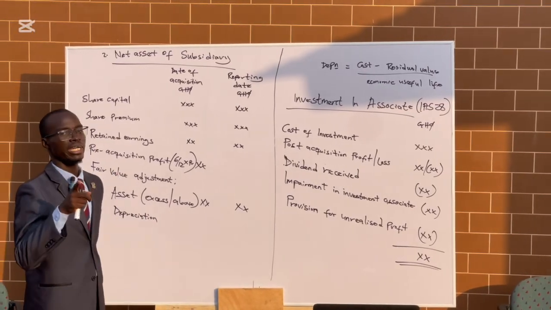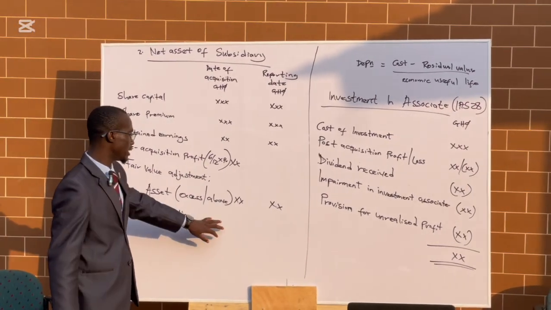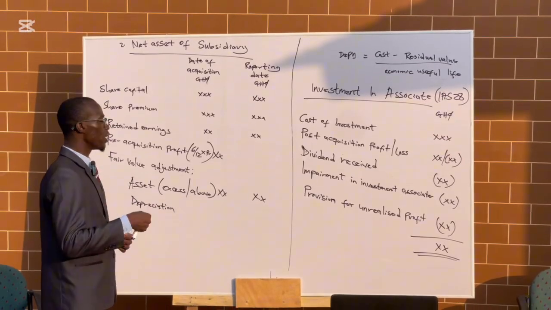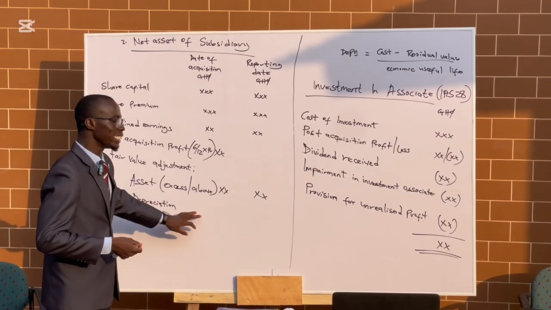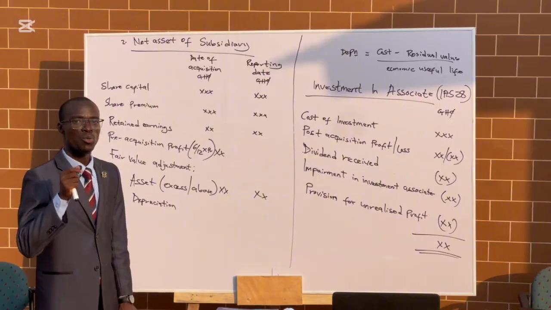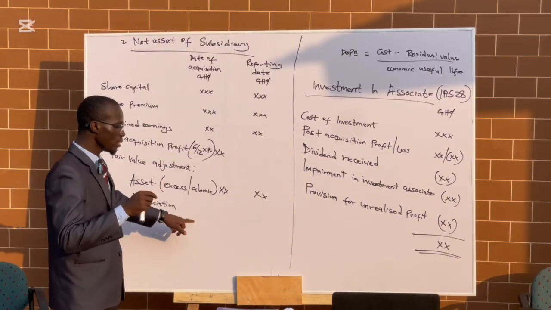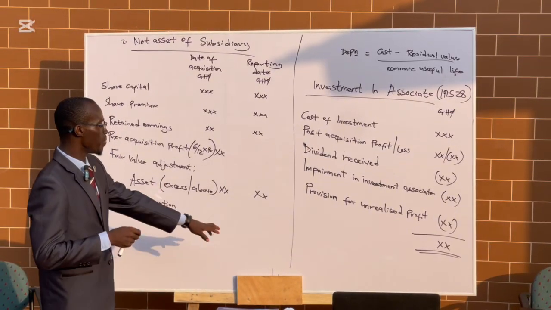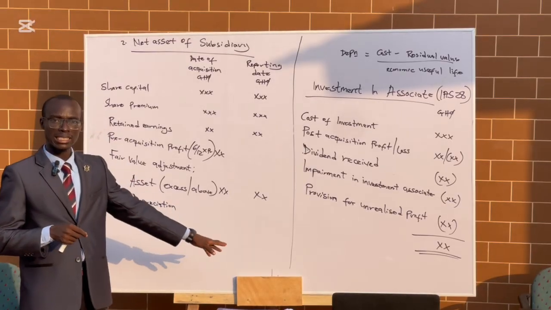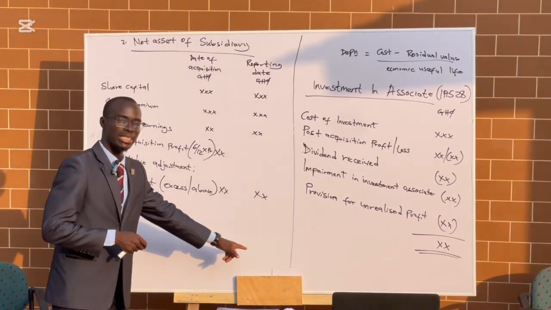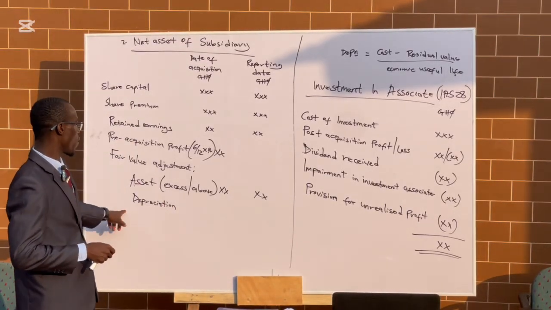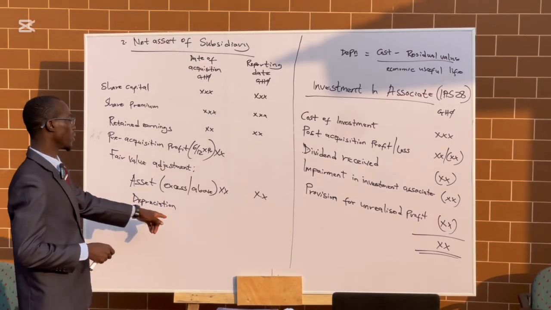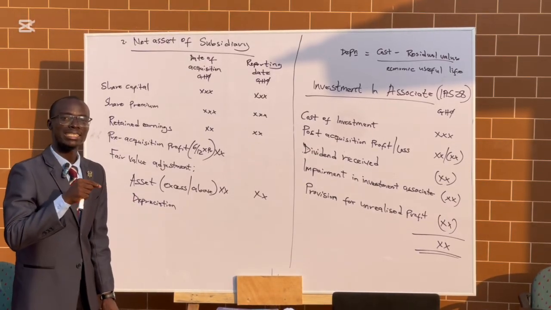But you need to be very, very careful, because anytime there is a fair value adjustment, the depreciation figure is supposed to tally with your post-acquisition period. Assuming, based on the workings that we started with Benjamin and Bernard, the post-acquisition period was 6 months. So when you are computing your depreciation, you need to make sure you are taking into account the post-acquisition period.